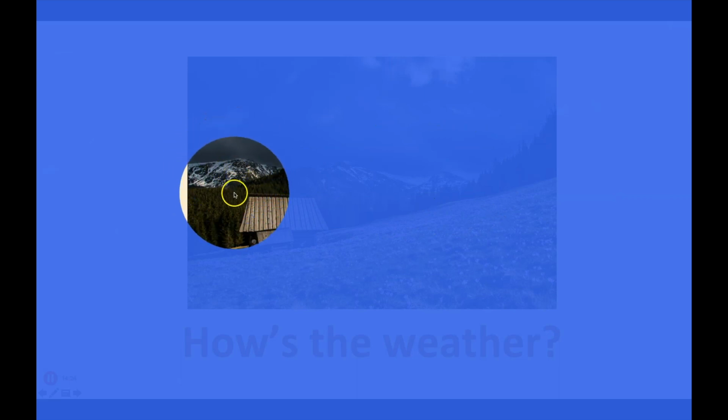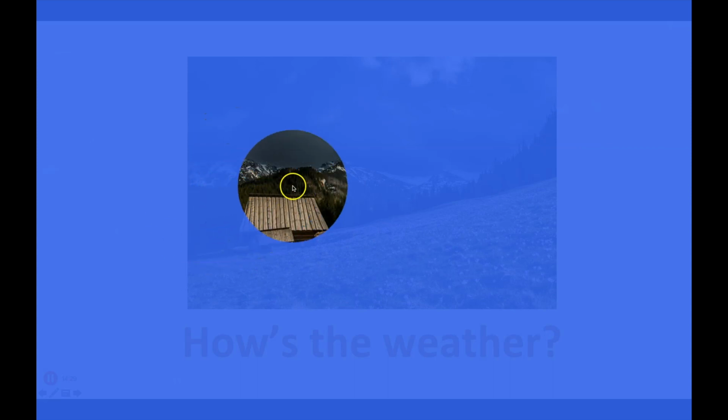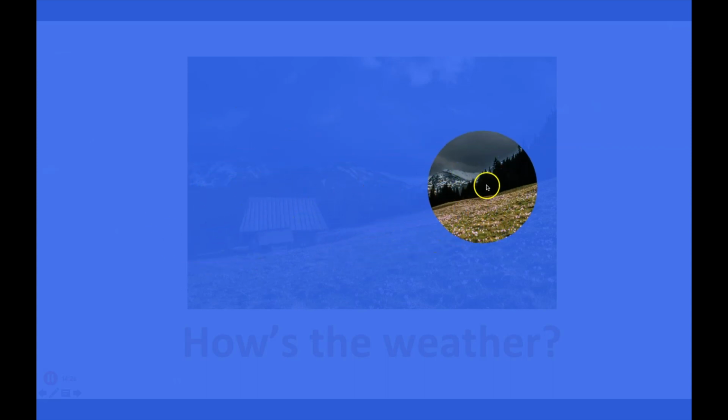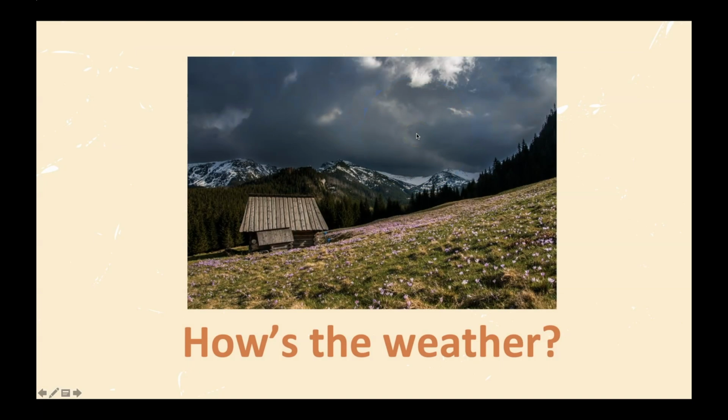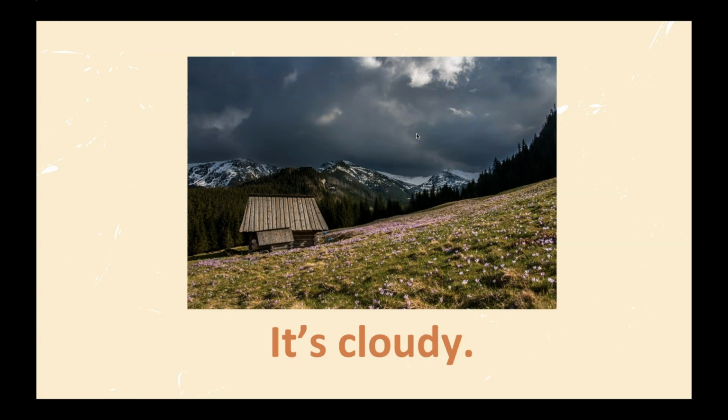Snow. Okay. And then we have trees here. So if we look in the sky, okay, how's the weather? It's cloudy. Correct. It's cloudy.